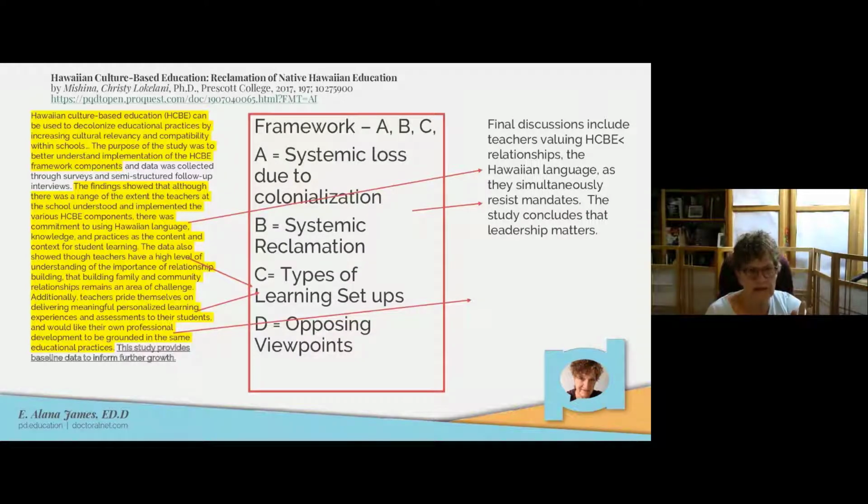So that's their findings. Now the framework in the lit: systemic loss due to colonization, systemic reclamation, types of learning setups, and opposing viewpoints.